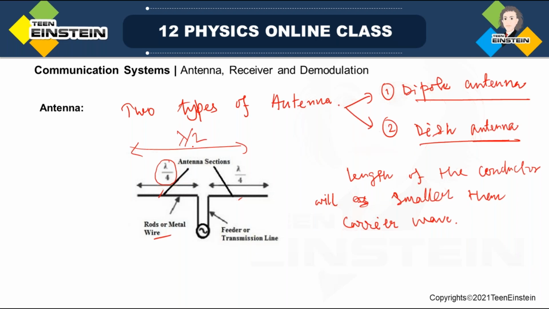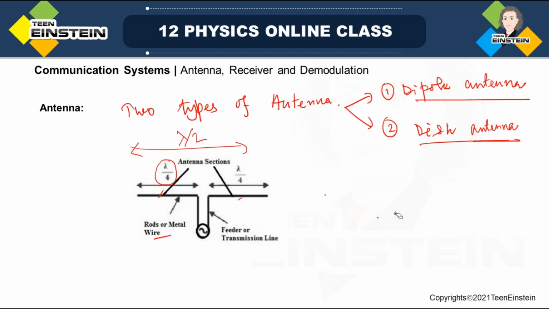The length of the dipole antenna should be such that resonance with the carrier frequency happens. How to determine the length of the antenna being used in any particular communication is done keeping in mind the resonance condition of the carrier frequency with the dipole antenna.